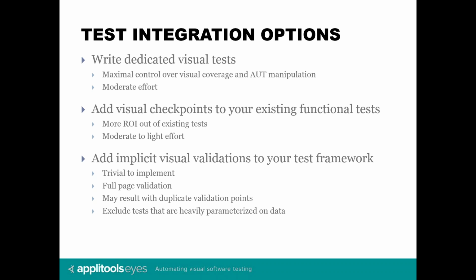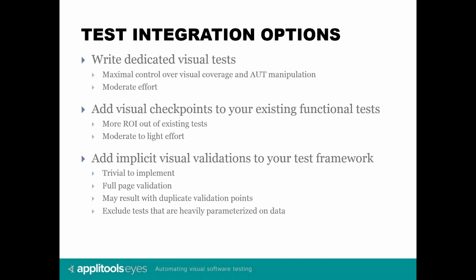So for example, you can do that after navigating to a URL, take a checkpoint, or before clicking a button. So if you filled out a form and you're about to click the submit button, it would validate that form. So the upside of that is that it's very trivial to implement. Just a few lines of code and all your tests become visual tests at once.